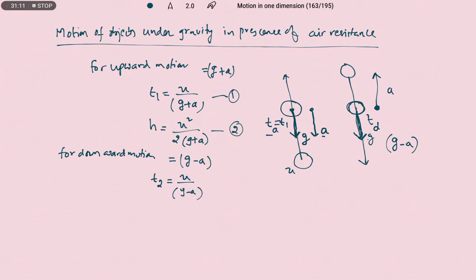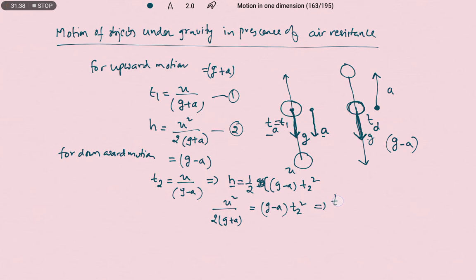Instead of writing t2 like that, let us write t2 in terms of height. h is equal to half into g minus a into t2 square. The height value we got already, u square by 2 times g plus a, equals half into g minus a into t2 square.